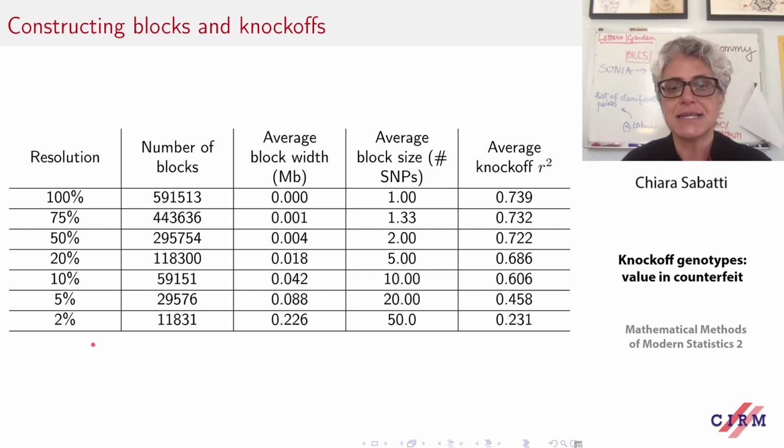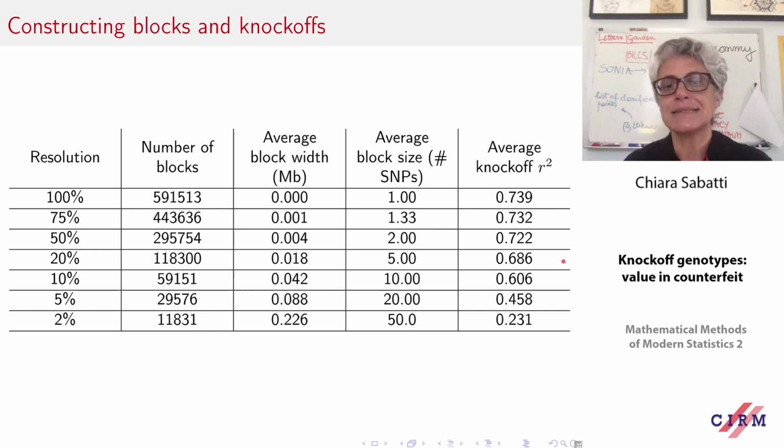Then you have these decreasing levels of resolution. The coarsest resolution that we get is 2%, which corresponds to an average block width of 0.2 megabases, and we have 12,000 blocks. Now, what you can see on this column is the average correlation between the knockoff and its original variable.